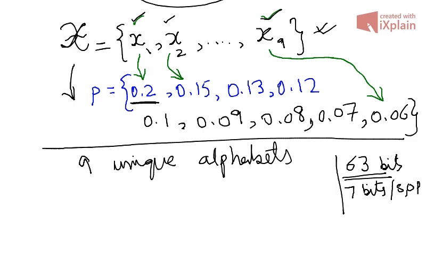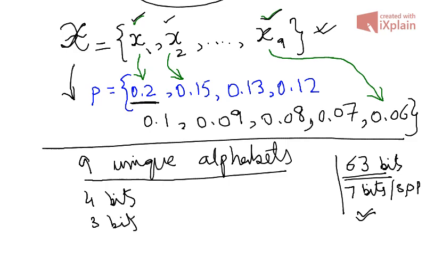If you are not using ASCII code and you want to use some other coding technique which is more memory efficient than the ASCII code, then you would say, okay, I have 9 unique alphabets, and to represent them I need at least 4 bits of memory, because with 3 bits, 2 raised to the power 3, you can only represent 8 unique alphabets, right?